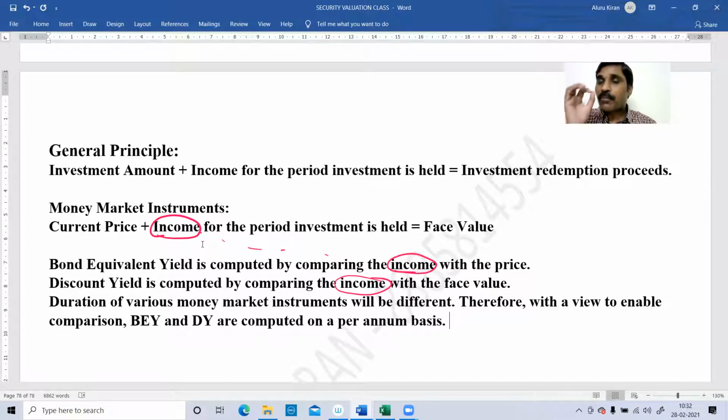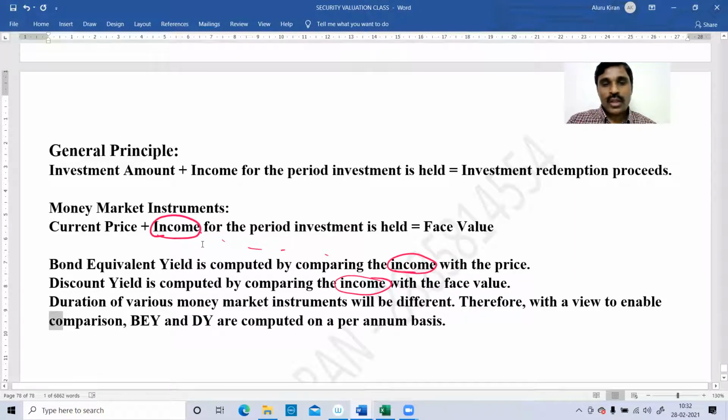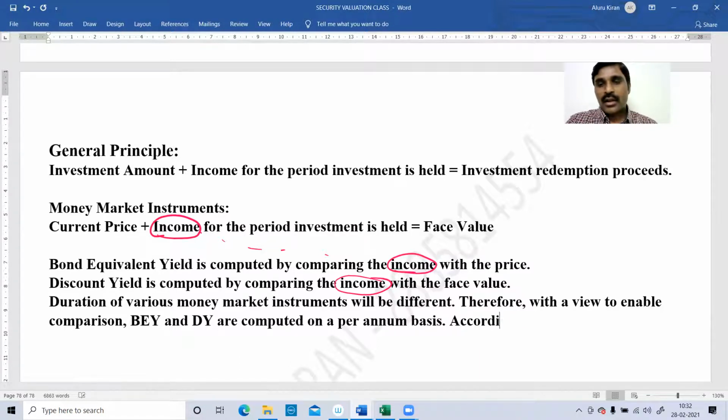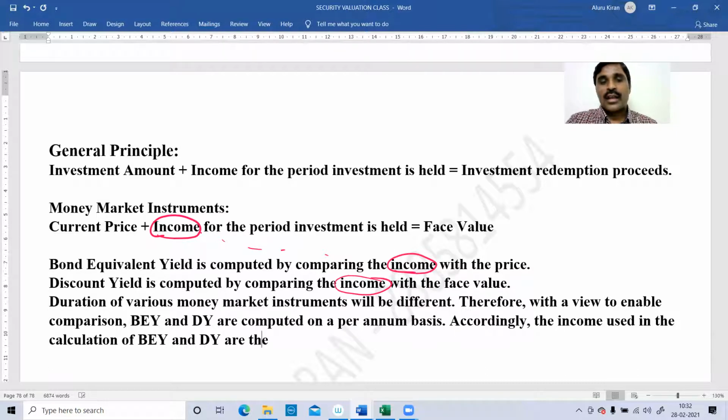Therefore, just to facilitate comparison, discount yield and bond equivalent yield are computed on a per annum basis. Accordingly, the income used in the calculation of bond equivalent yield and discount yield is the income per annum.